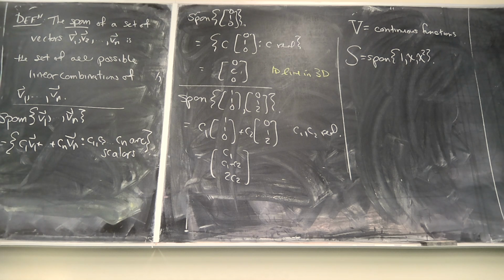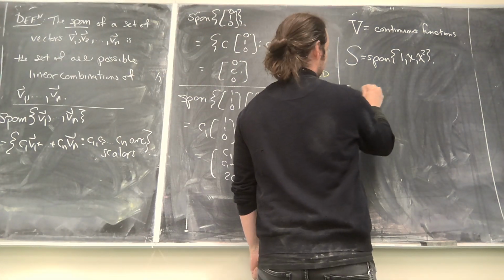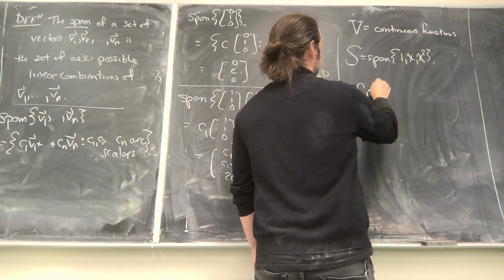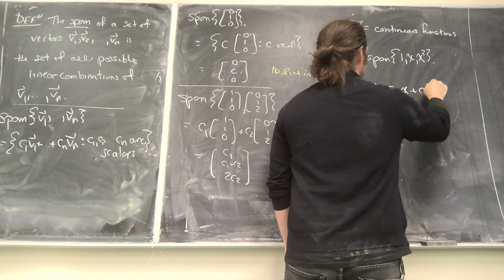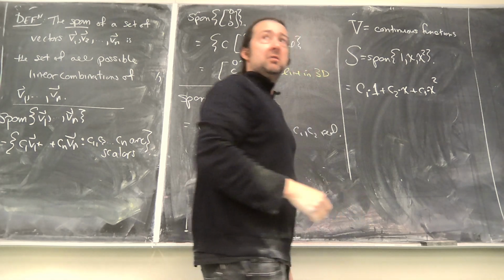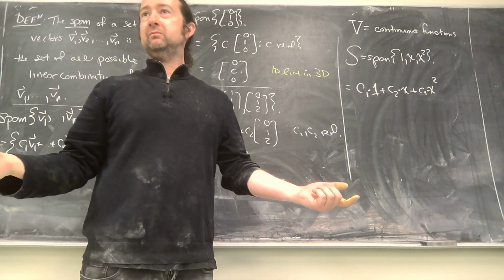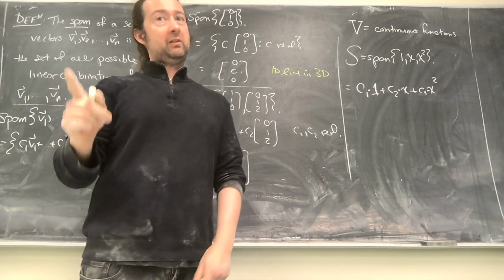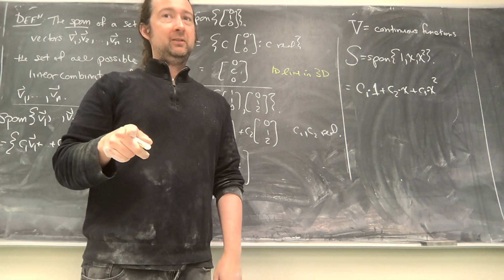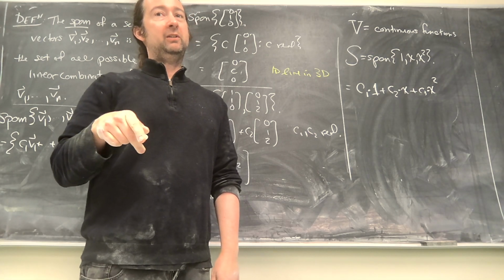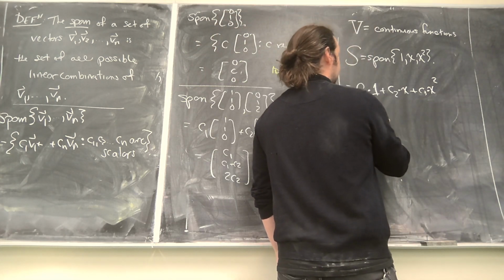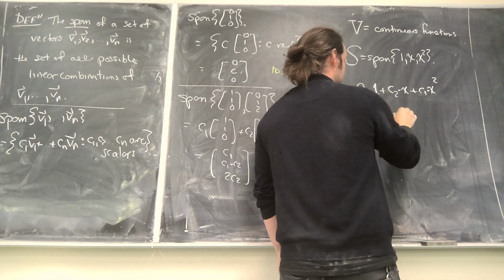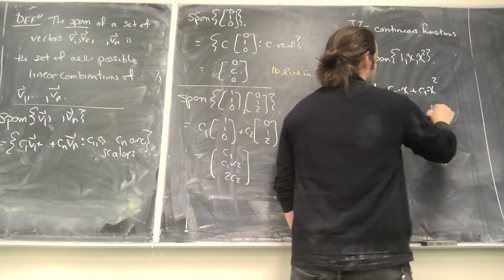What do I get out when I do that? You could write it concretely as the set of all things c1 times 1 plus c2 times x plus c3 times x squared. What is that collection of objects? Parabolas. Does it have to be parabolas? What if c3 was 0? Could be a line. So it's all polynomials of degree 2 or less.